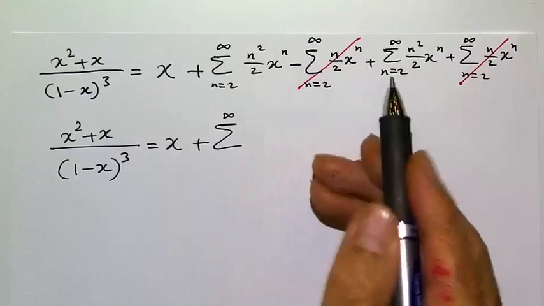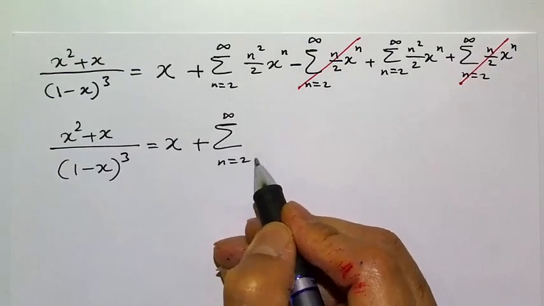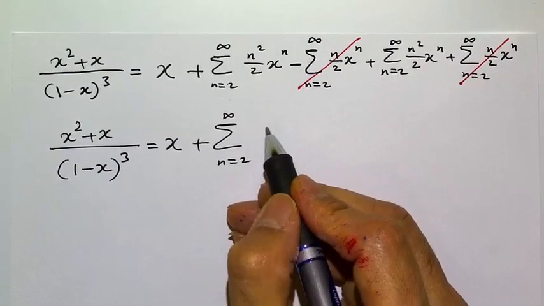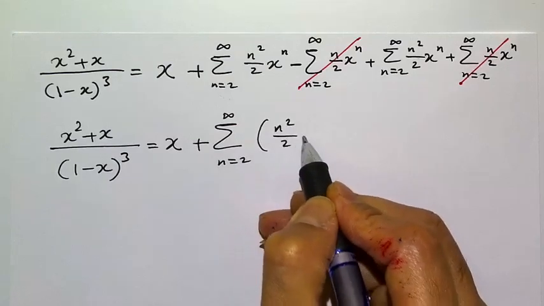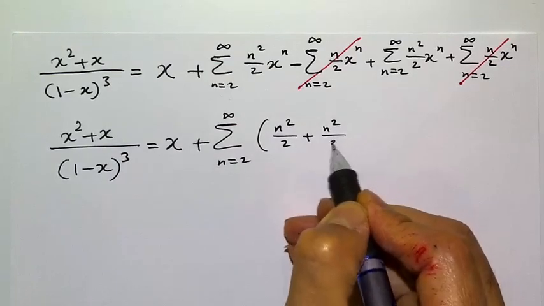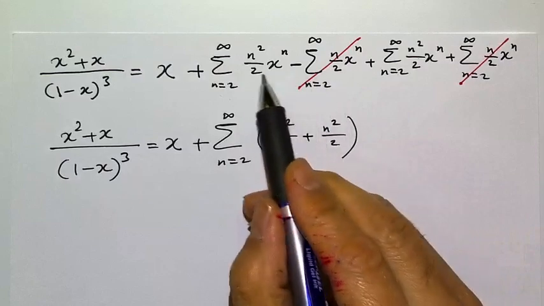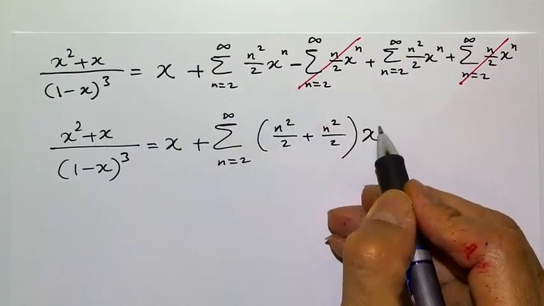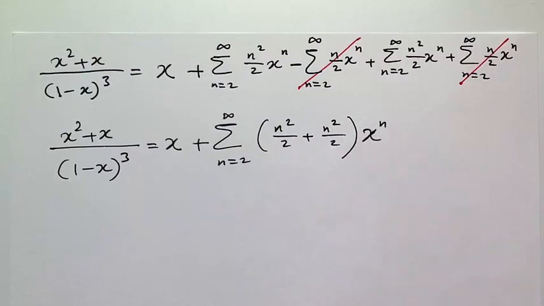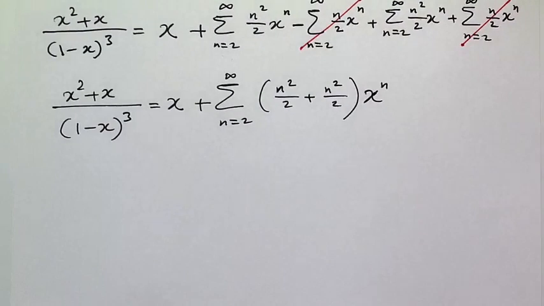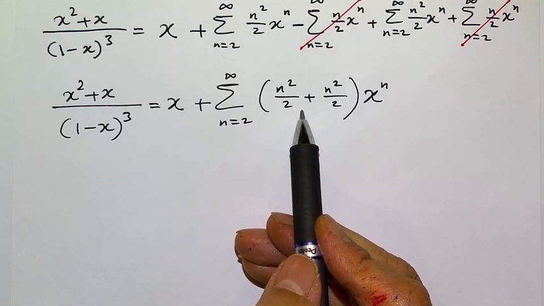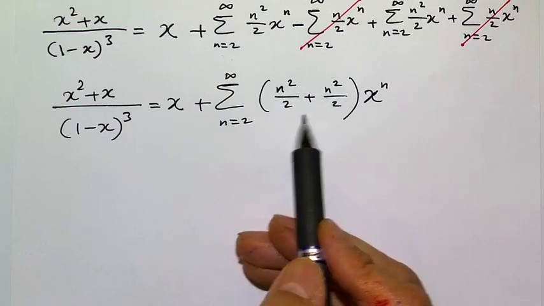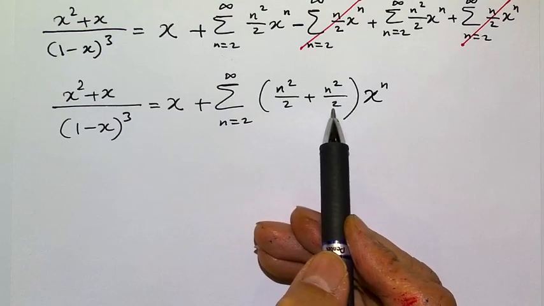These two can be combined. So we have n squared over 2 plus n squared over 2, right, times, of course, x to the n power. Okay, so now that can be simplified further. It's just 2n squared over 2, which is n squared.